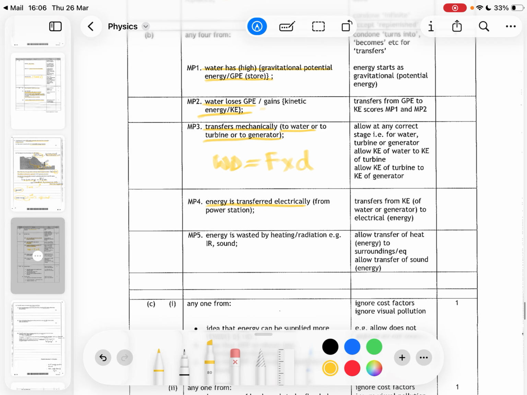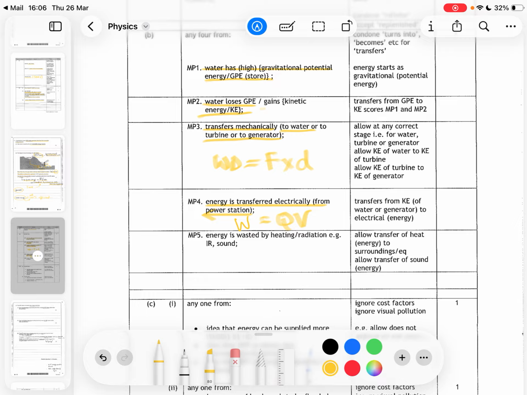Energy is transferred electrically from the power station. So this is electrical work done, and this time the work done is actually moving charges. Q times V does the electrical work, or we should put W. W, electrical work, is QV, mechanical work is force times distance.